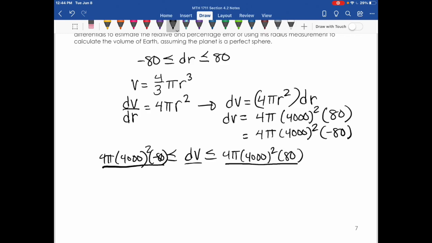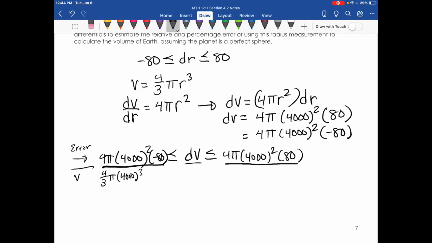I could put this in the calculator and find the actual value, but I'm not ready to do that yet, because I want to now find the relative error by dividing both sides by the actual volume. So I have 4/3 pi times 4,000 cubed in the denominator.